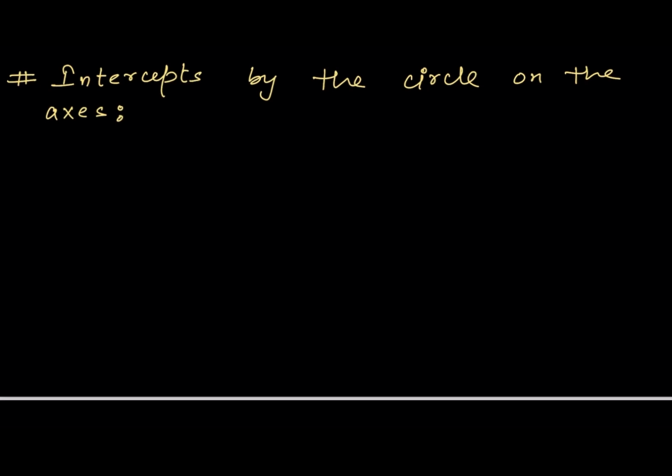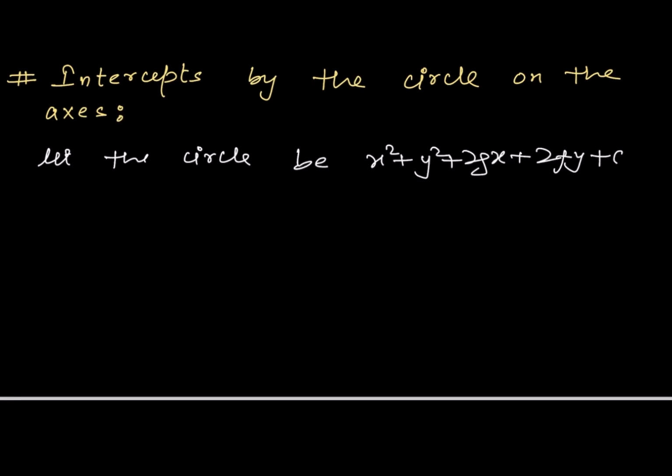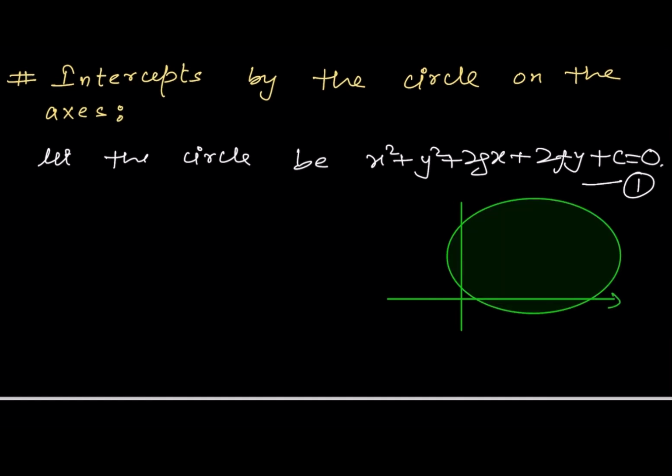So let the circle be x square plus y square plus 2gx plus 2fy plus c is equal to 0. Say it is equation 1. Let's say the circle meets the x-axis at (x1, 0) and (x2, 0) and the y-axis at (0, y1) and (0, y2).